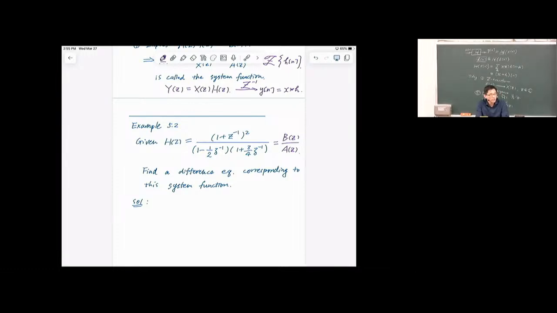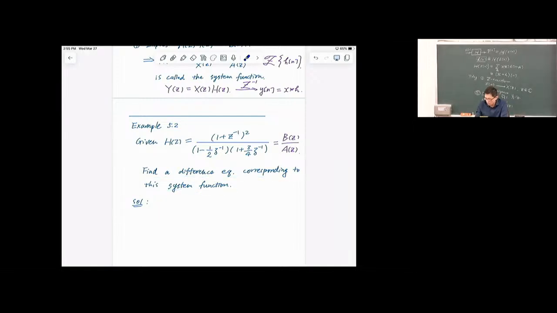If you are somehow given the system function, in practice, how do you find the corresponding difference equation so that you can implement it with a while loop or for loop in DSP? So the question here is to find the difference equation corresponding to this system function.